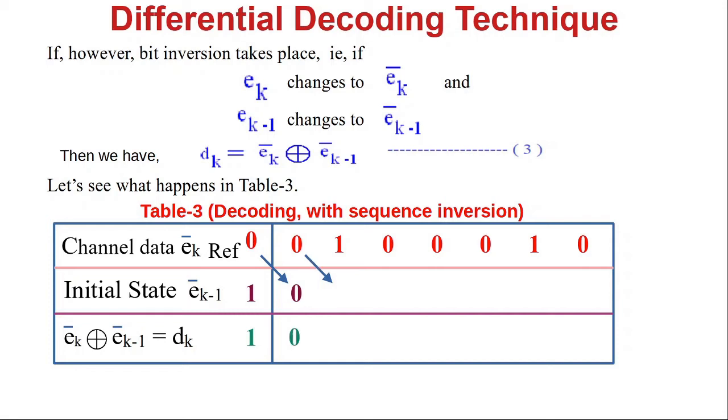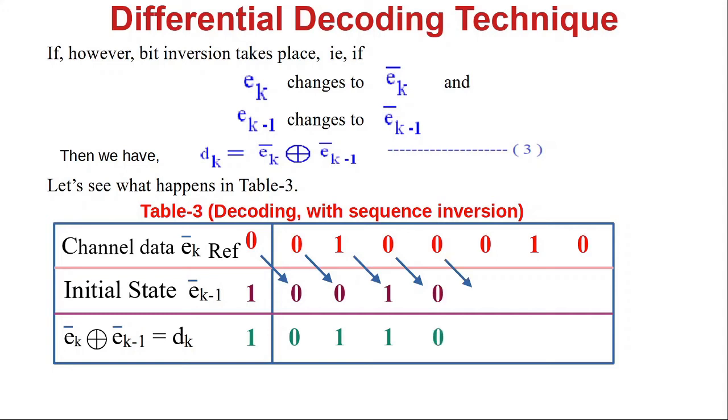Here the initial state will be again 0, then dk will be 1 exclusive or 0, that is 1, and for this the initial state will be 1 and dk will be 1. For this the initial state is 0, dk equal to 0.